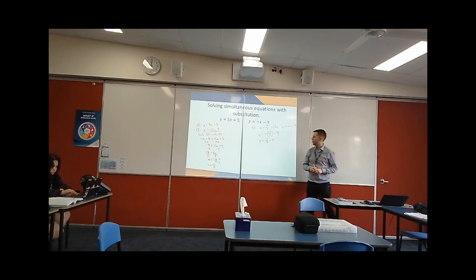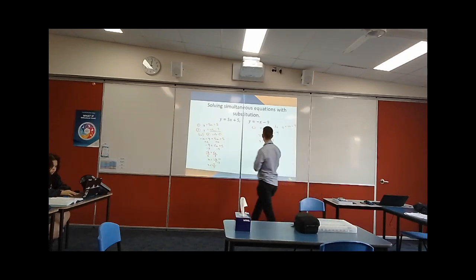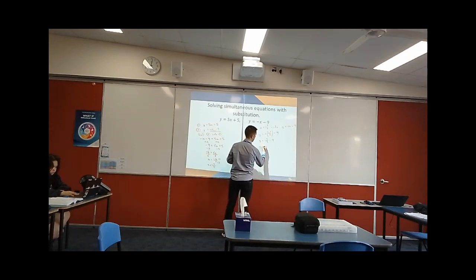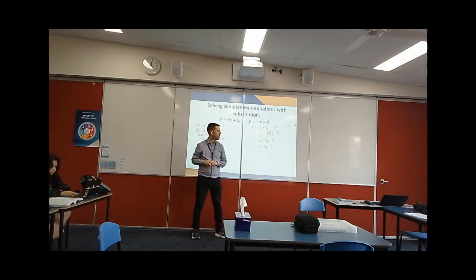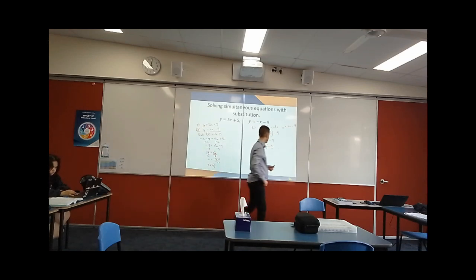So I've got 7 over 3, take away 9. To make it easier, with the 9 I can make my denominator 3, so they're the same. Nine is the same as 27 over 3.